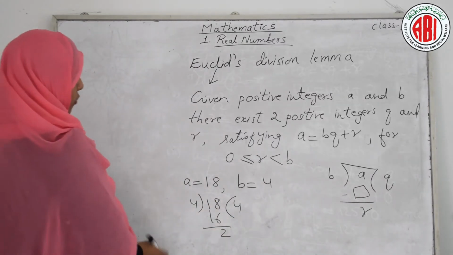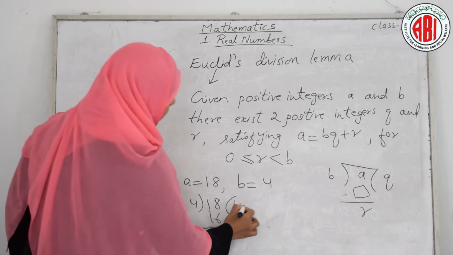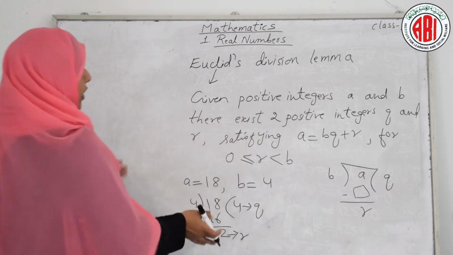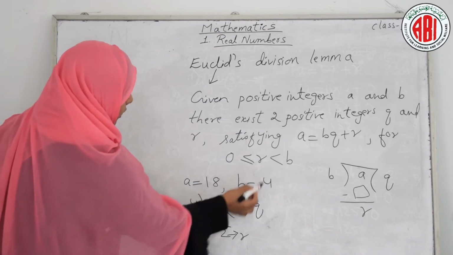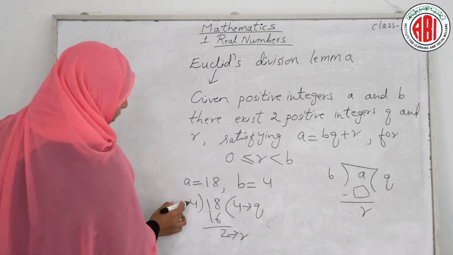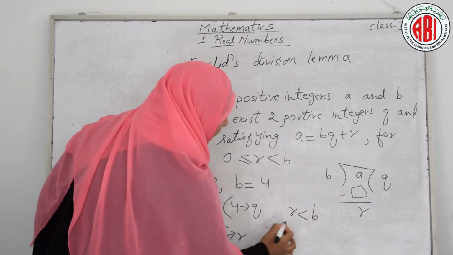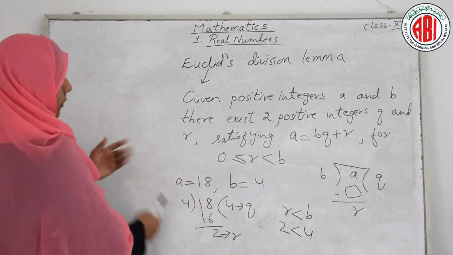We are getting remainder 2. A is 18, B is 4, Q is 4 and remainder is 2. That means we have to check. The remainder 2 is less than B. We are getting remainder 2, which is less than 4, according to the given problem.